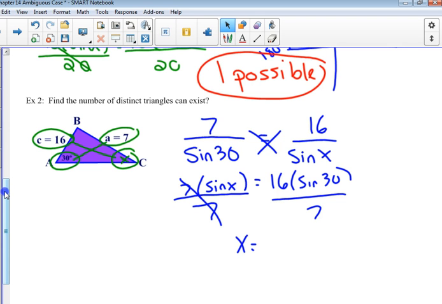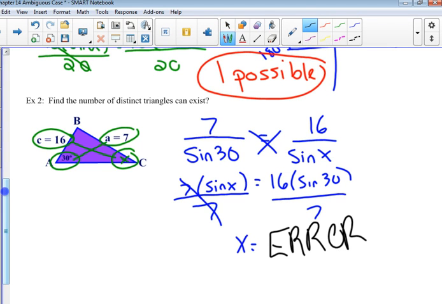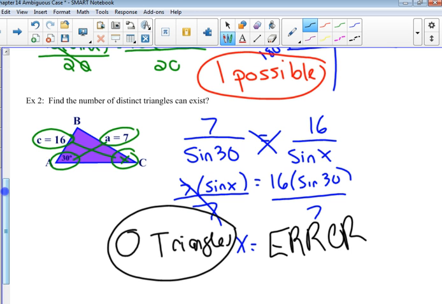Are we all getting an error when you do this? Okay, so this is great. If you do this and you get an error, how many triangles do you think exist? 0. Okay, 0 triangles can be made here. So you kind of see what one triangle looks like, what no triangles look like.